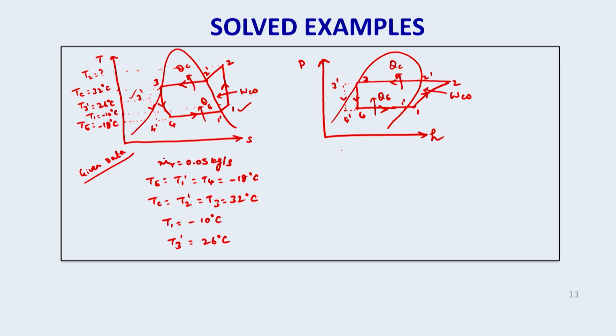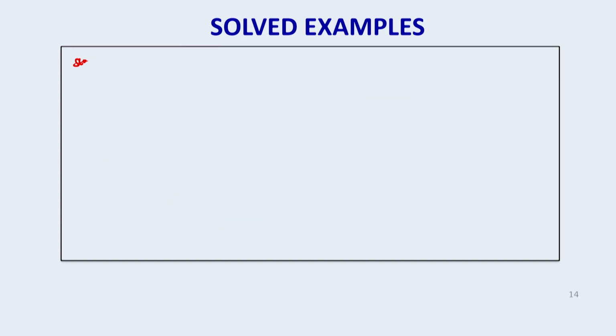Let us take state 1. First, we can find out enthalpy at 1 dash and enthalpy at 2 dash. All these points are lying on the saturated vapor line. State 1 is superheated.